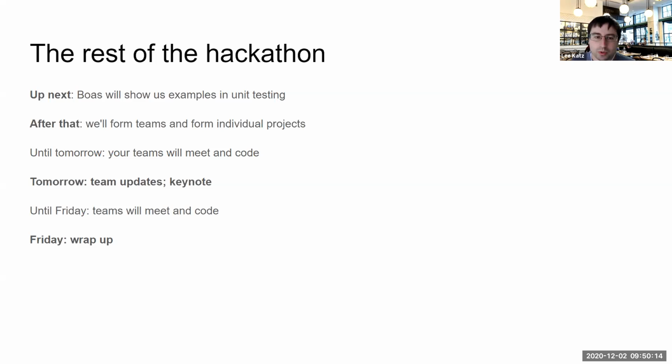It's up to you. What you put in is what you get. So between when we end the hackathon and tomorrow, hopefully you're already self-organized and you're hacking away. And tomorrow we'll get updates. After we get situated, we'll get a keynote address also. I'm very happy about the speaker that Boas found. So anyway, do you feel like we need a break, or do you want to move right in?